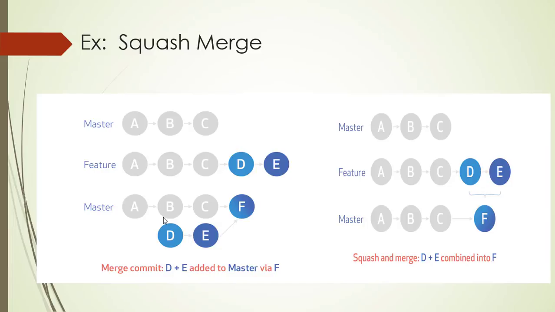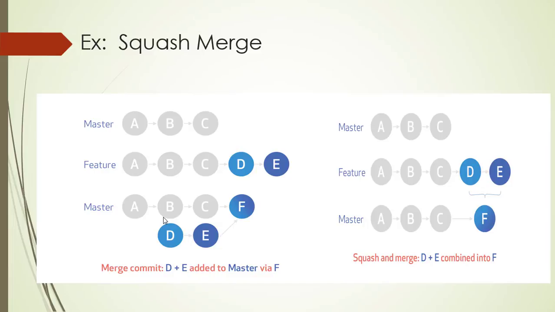D and E are included in the master branch, and along with that, one more commit called F is added. So in the master branch, I have A, B, C along with D, E plus F. It is going to commit the changes. Okay, so this is the merging way. You can go through my previous merge sessions to find out how it is created.